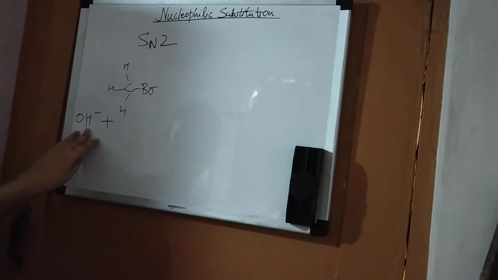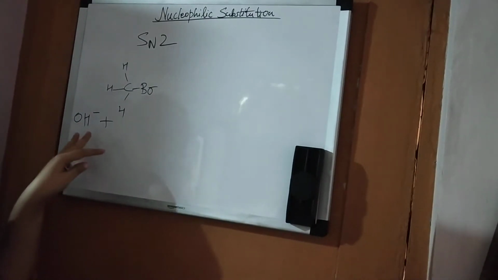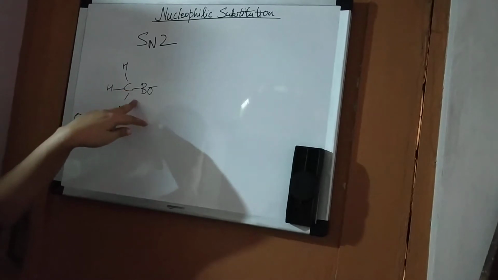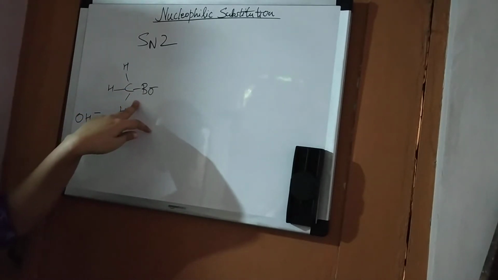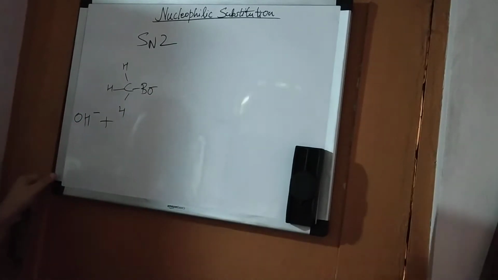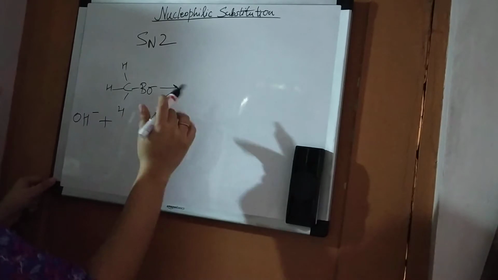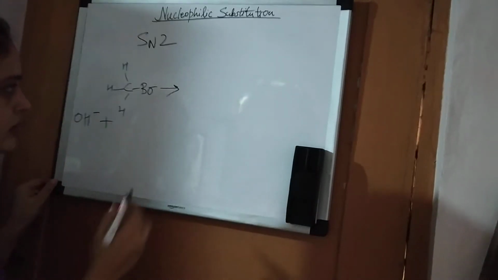This is the nucleophile OH negative, which can come from alcoholic KOH. And this is the other reactant, the alkyl bromide, which is methyl bromide. Now what will happen? It will form a transition state.